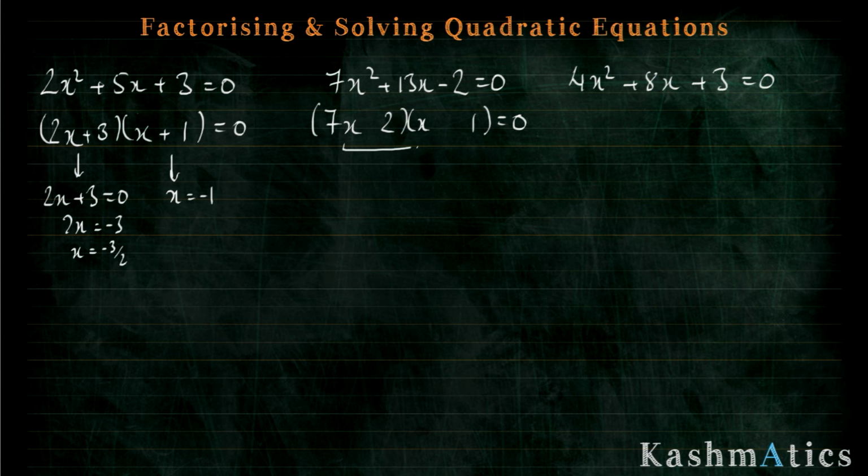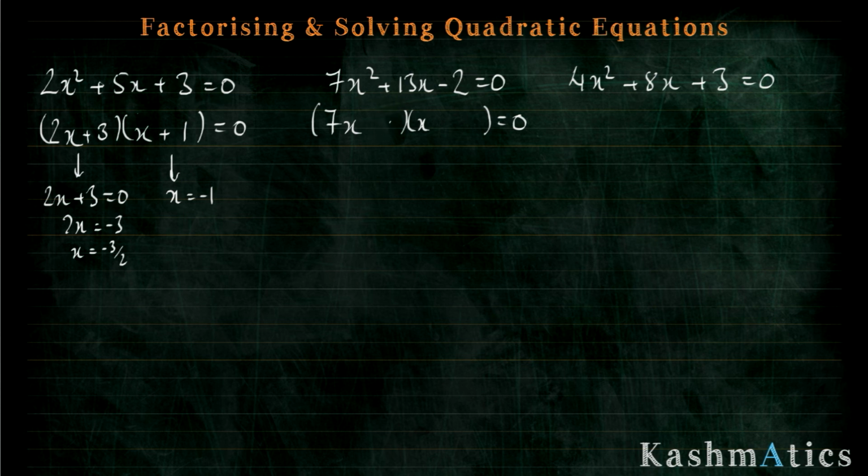But even so, from there I get a 7x, and from there I get a 2x. With a 7x and a 2x, I can either make a 9x or a 5x or a minus 5x. I can't make 13x, because 7 plus 2 is 9, 7 take away 2 is 5, or 2 take away 7 is minus 5. So that's not going to help me having those numbers there.